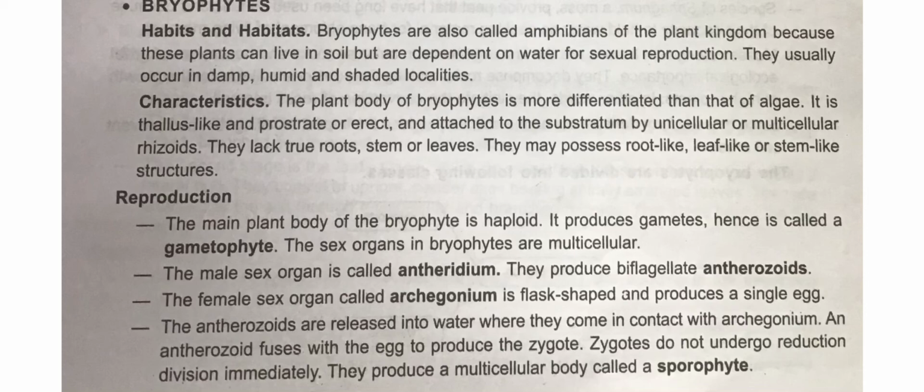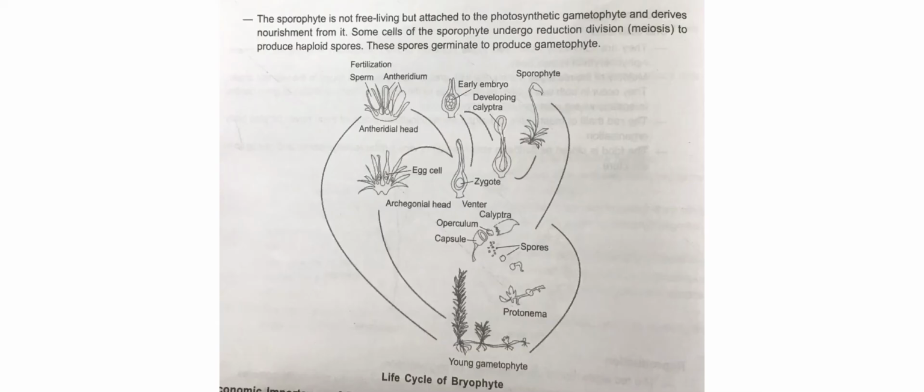The next picture shows the life cycle of bryophytes as well as alternation of generation and its importance. Here you can see how the sporophytic phase develops spores, and the spores develop into a young gametophyte, and again this gametophyte produces antheridium, the male organ, and archegonium, the female organ. Then fertilization takes place in the water medium, and the zygote is formed.